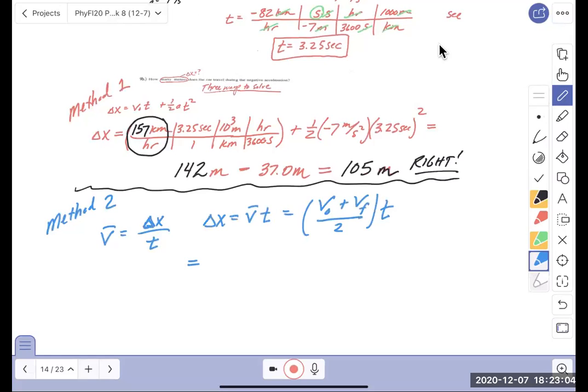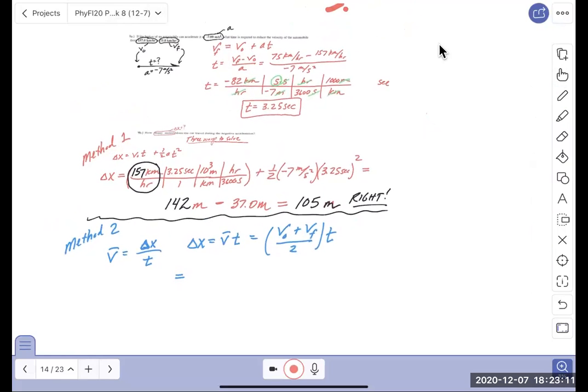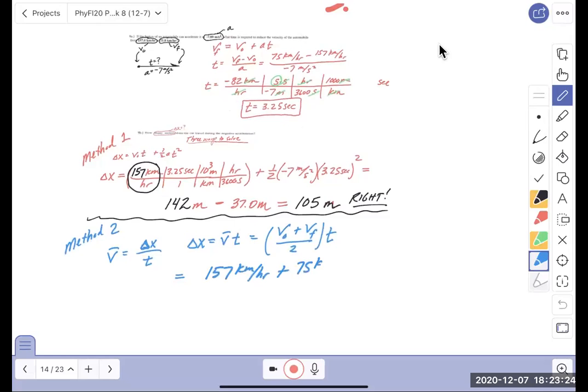Let's do it first in the units that they gave us. We've got to find the average of the two, so let's add them up. V naught is 157 kilometers per hour, plus 75 kilometers per hour, divided by 2, times my time, which I know is 3.25 seconds.